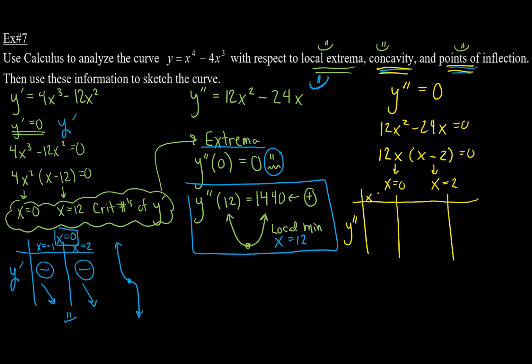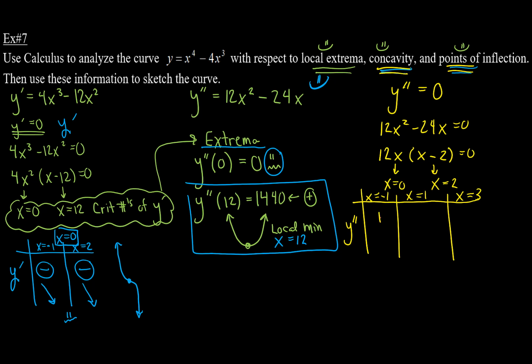Something smaller than 0, I'm going to use -1. Something between 0 and 2, I'm going to use 1. And something larger than 2, I'm going to use 3. If I plug -1 into y double prime, I'm going to get 12 times 1 plus 24.